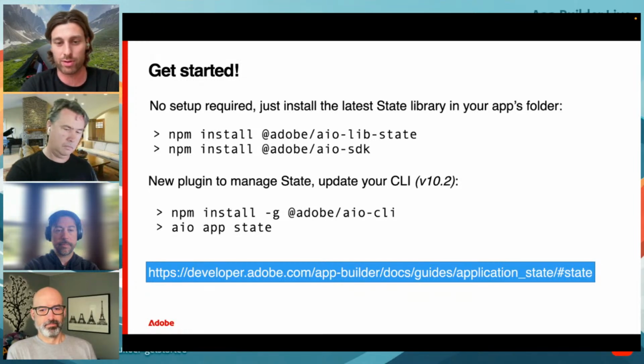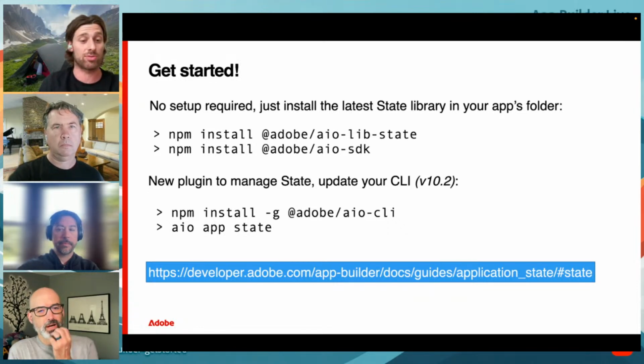We've also updated the documentation, so make sure to check that out. It is in the App Builder guides under application state, and there is a section specifically for state storage.